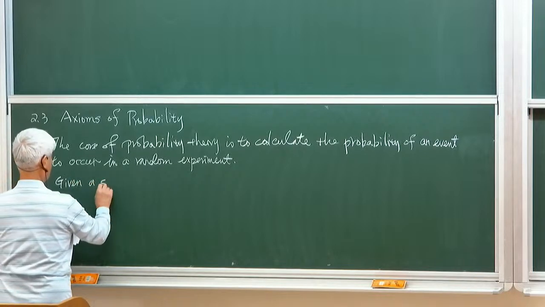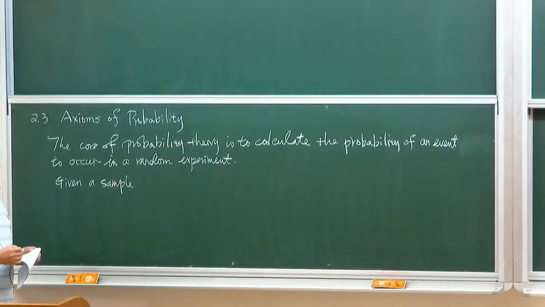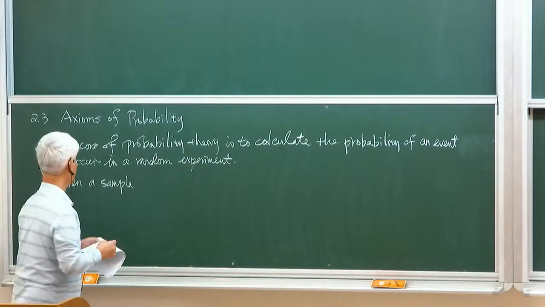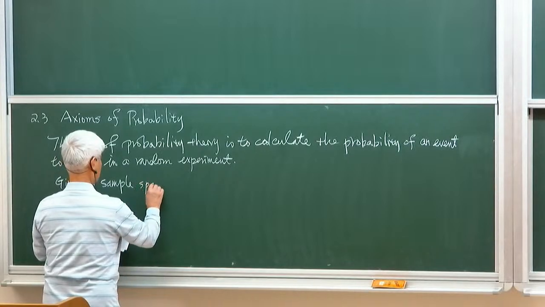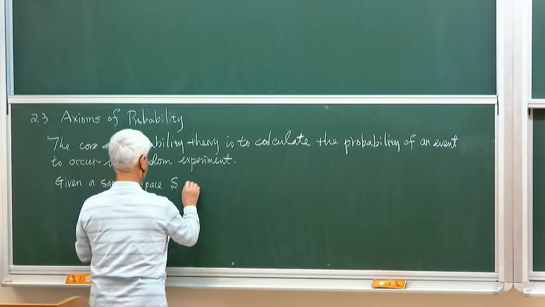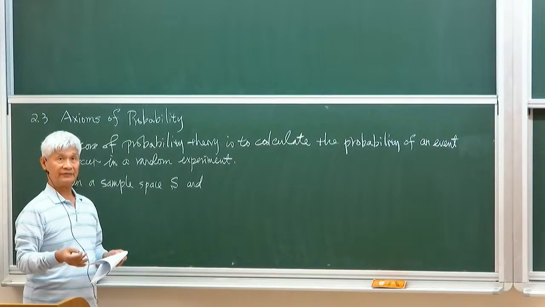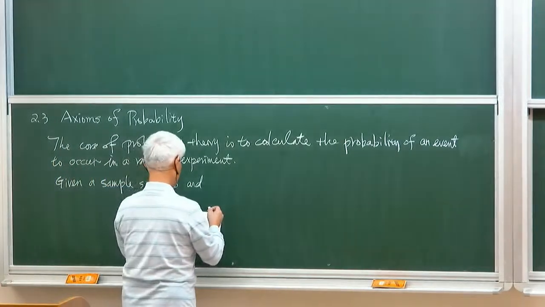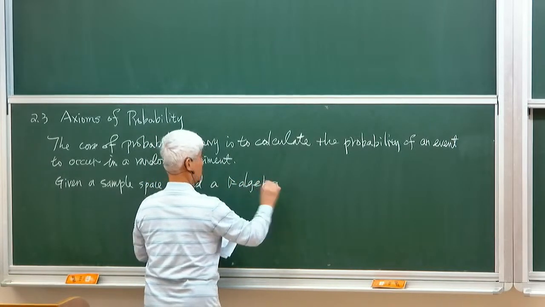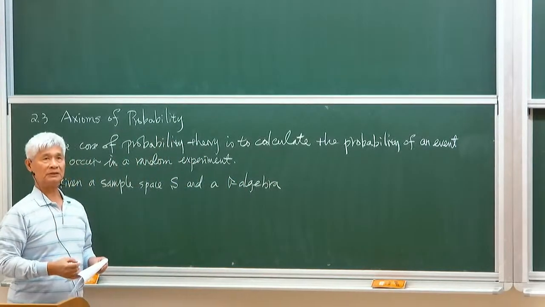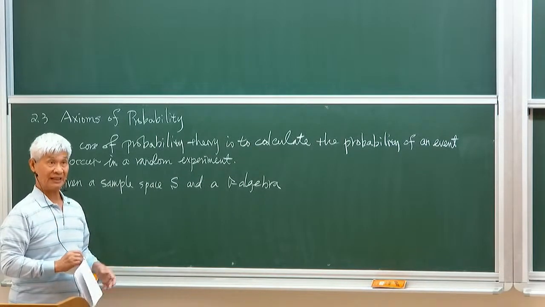Given a mathematical model of random experiments up to now, we have a sample space X and a collection of events of interest, which will be a sigma algebra, because we like logical structures embedded in such a collection.